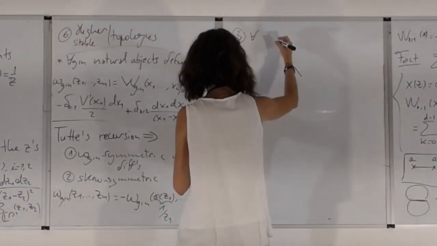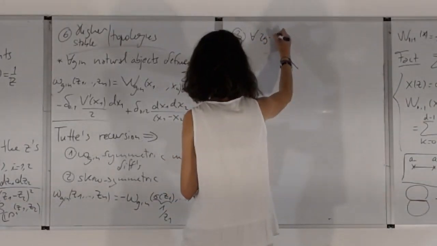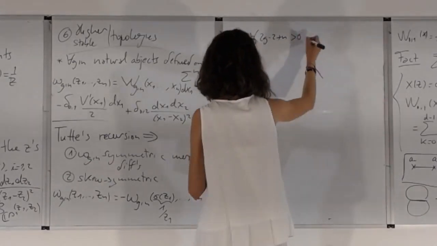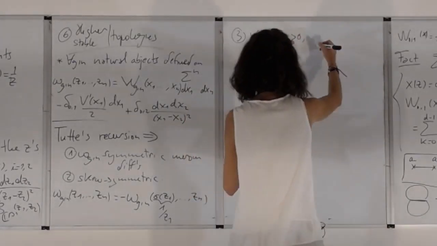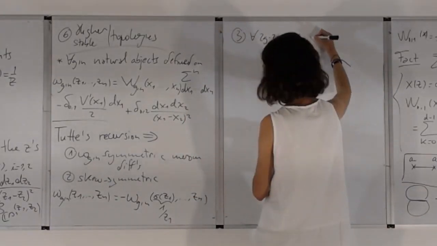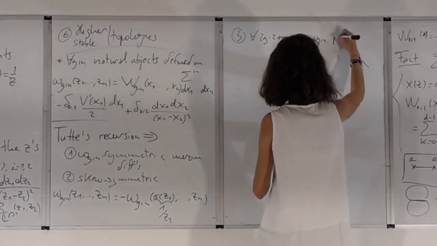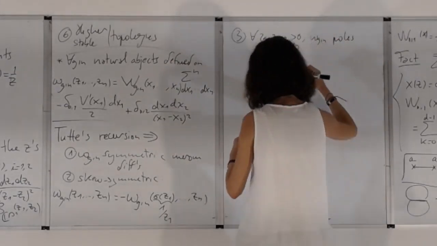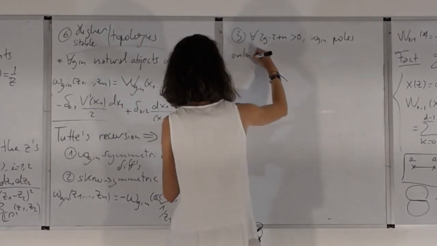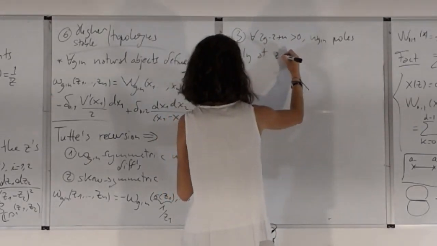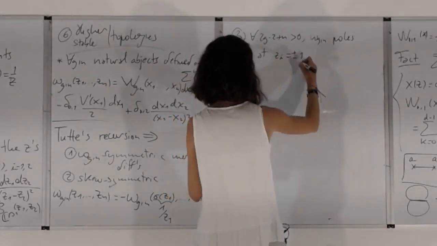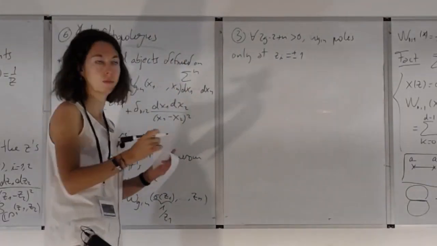So for stable topology, so for 2g minus 2 plus n positive, we have that the omega g, n's have poles only at the ramification points. Okay?